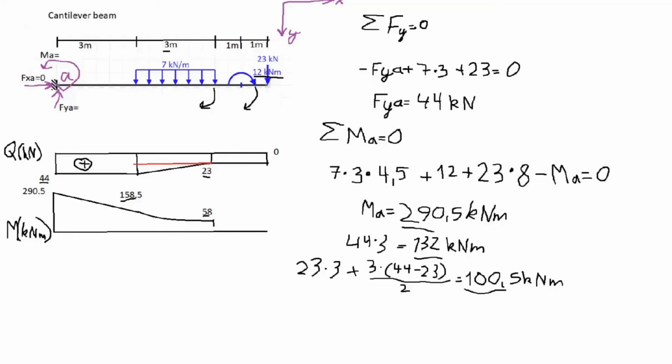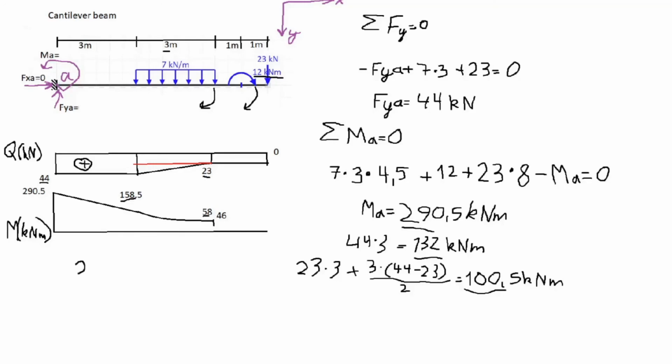Now at this point we have this 12 kilonewton meter moment, which is acting clockwise. So 58 minus 12 kilonewton meters will give us 46.